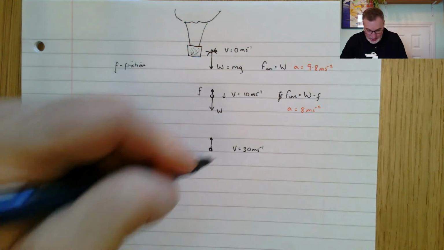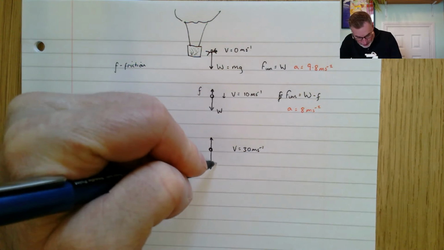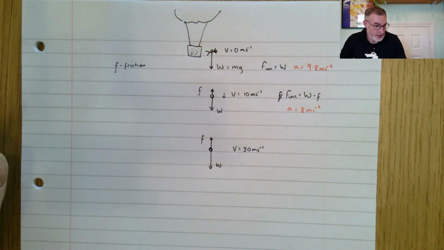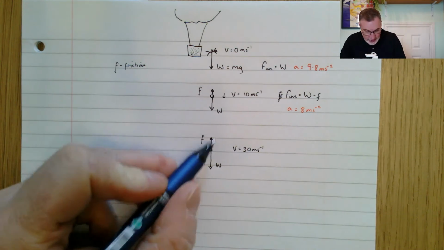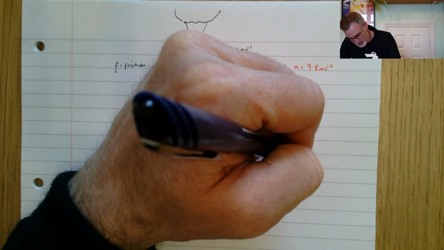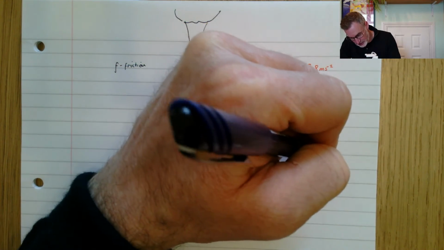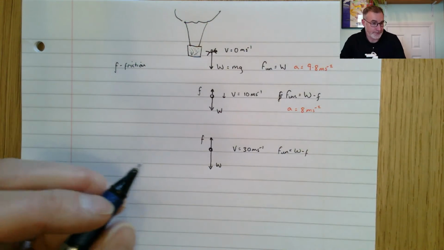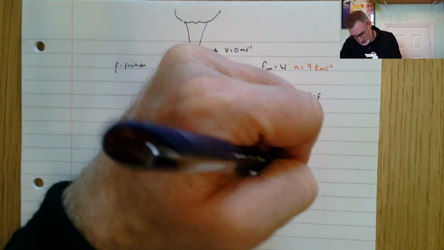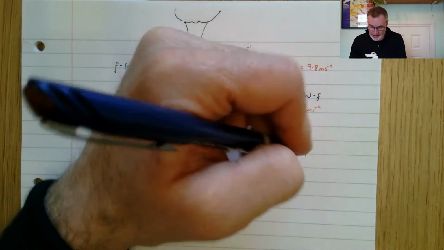his velocity is, say, 30 meters per second. Again, weight will remain unchanged. Friction here is going to increase as the velocity increases, the friction increases. And again, our F un is going to be weight minus friction. Our acceleration, again, will get less and less and less.